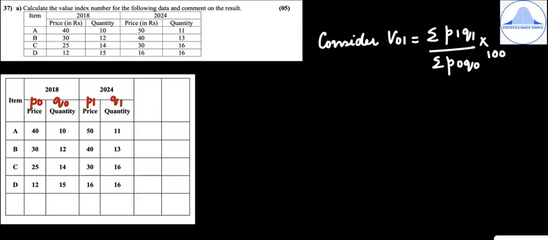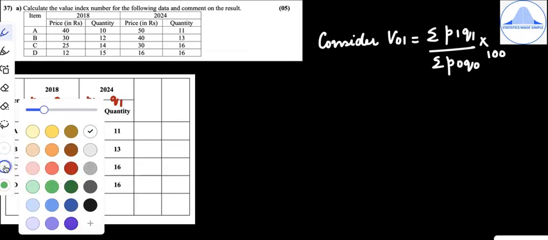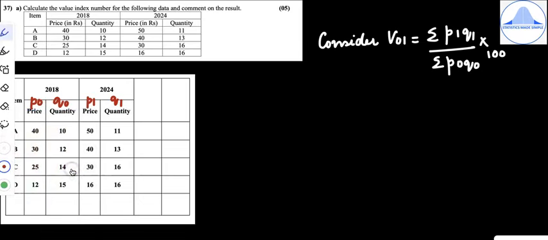Going back to the table, let us now do the computations for P1 Q1 and P0 Q0. Let me form the column P0 Q0 and P1 Q1. So it is 40 into 10 is 400.